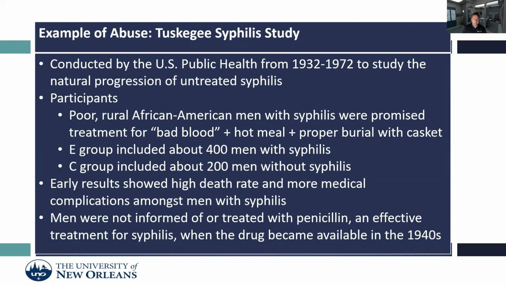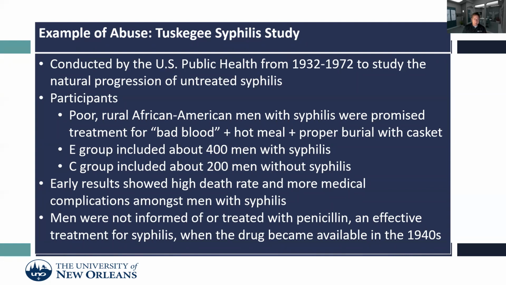The other piece where this really took a dark turn was when penicillin was first understood to be an effective treatment for syphilis, and the drug became available in the 1940s. There were people who were allowed to continue with syphilis to their death.